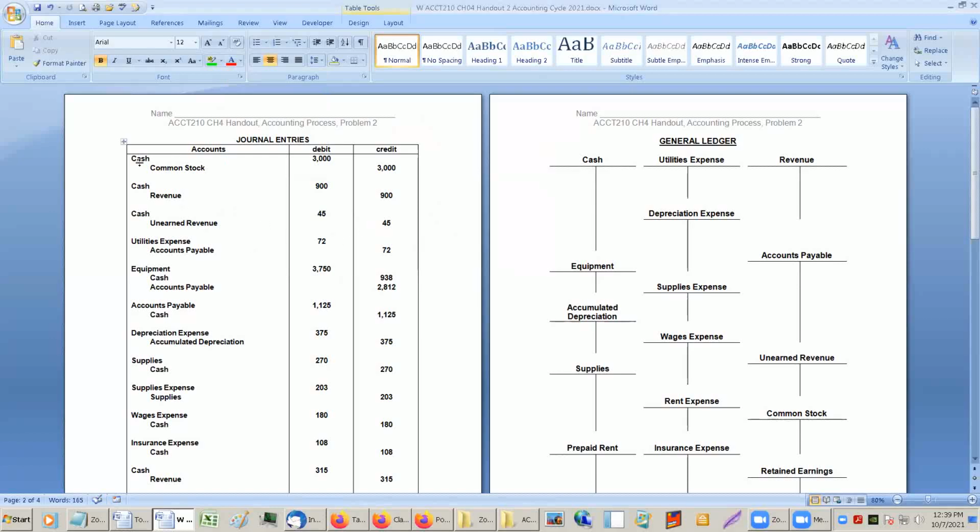So we'll start posting these over. And again, all we're doing is taking each of these transactions and putting them over here into the T accounts. Now, if it's a debit, debits are on the left, so this will be on the left. And credits are on the right. So anything that's a credit will be on the right-hand side. So for this first one, we have cash.